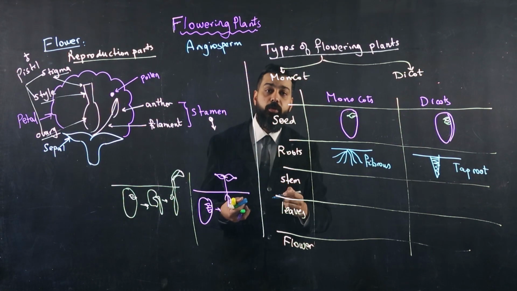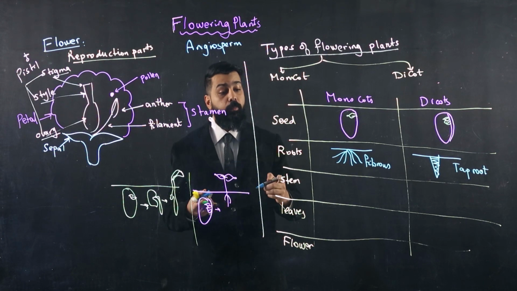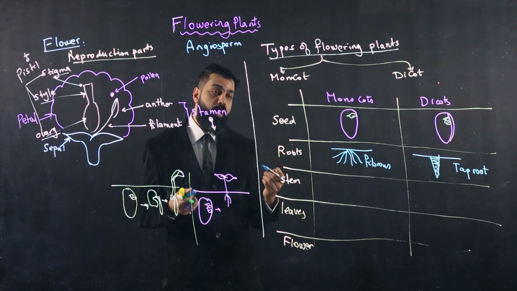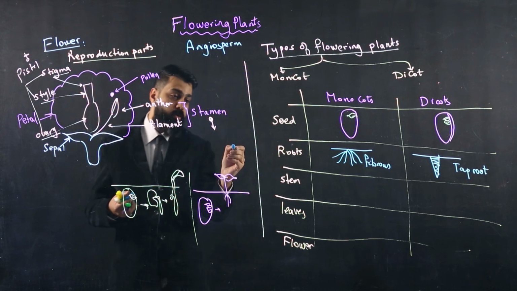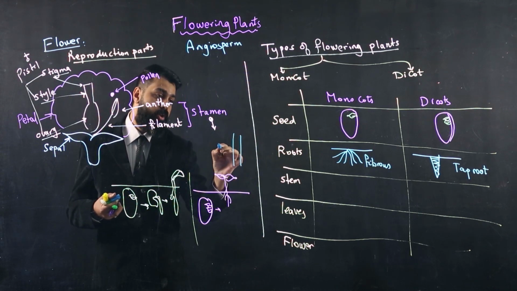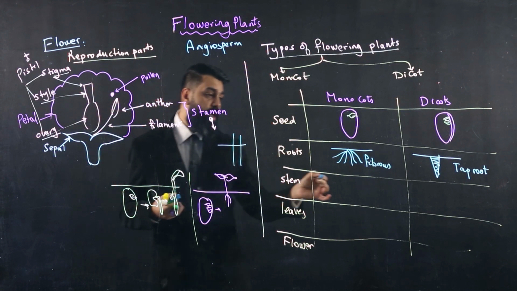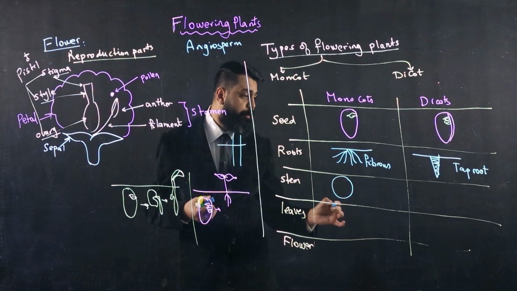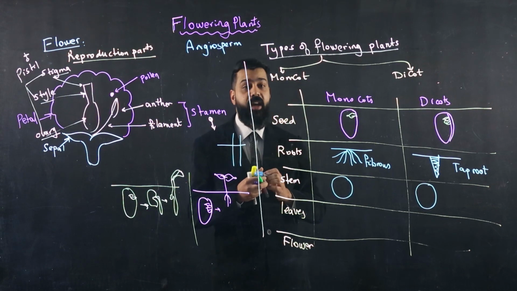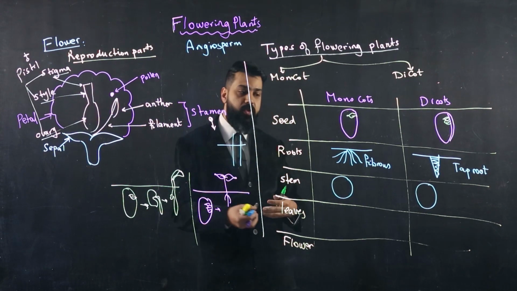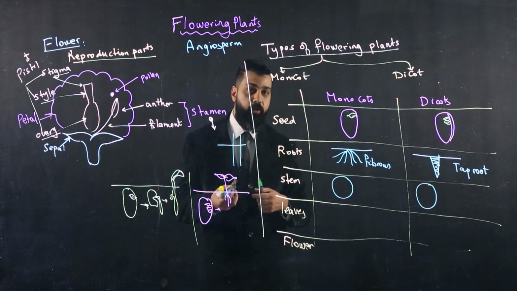Also we can differentiate between the monocot and dicot from the stem. But to differentiate between them, we first have to cut the stem. How? Suppose that this is the stem, and we cut it horizontally, so it will appear as a circle. All of us know that the stem is the main site of the vascular tissue, these tubes that conduct the water and sugar through the plant.